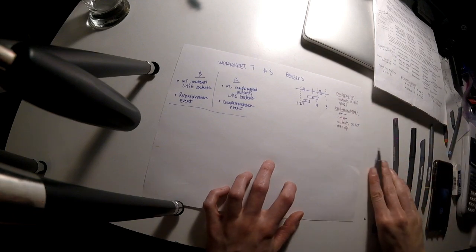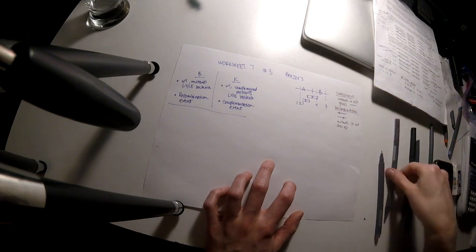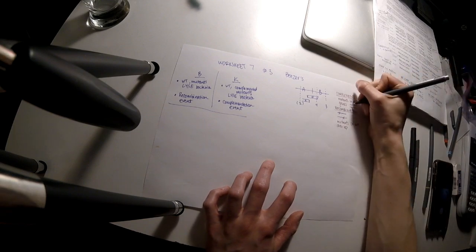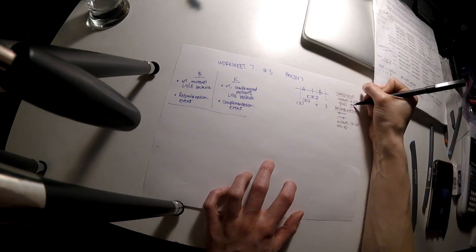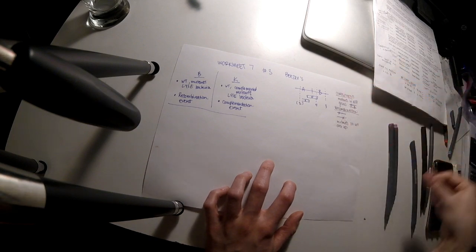Okay, and then just for completion, let's look at what complementation is saying. Say we still have this same mutation, but now the question is, if this is gene A and this is gene B, can they complement?